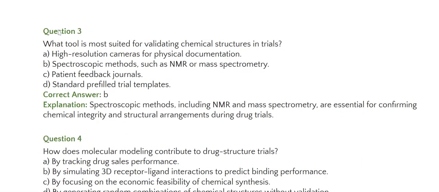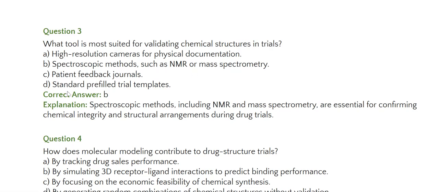therapeutic outcomes. Question 3. What tool is most suited for validating chemical structures in trials? Is it A, high resolution cameras for physical documentation? B, spectroscopic methods such as NMR, nuclear magnetic resonance, or mass spectrometry?